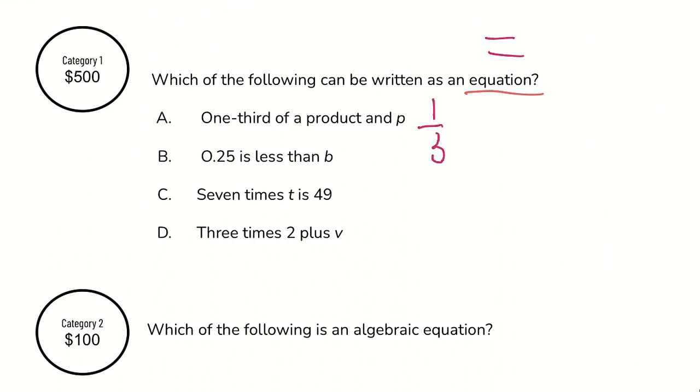And then of a product, I know that product means multiply, and I have the variable p. So it looks like I'm multiplying 1/3 times p. So 1/3 p. And remember when we smush two things together, that means multiply.